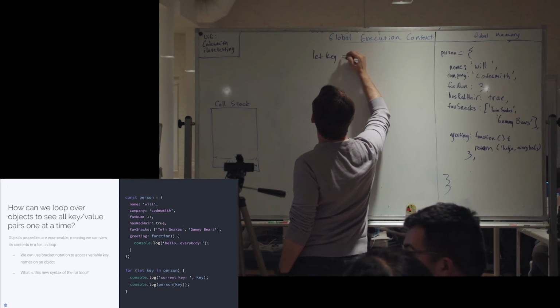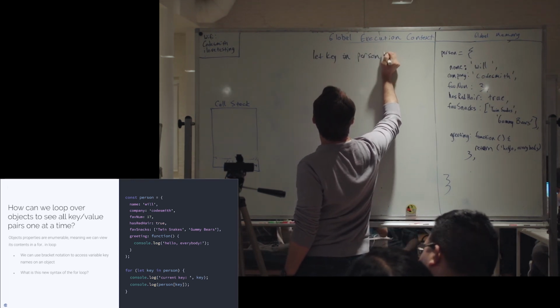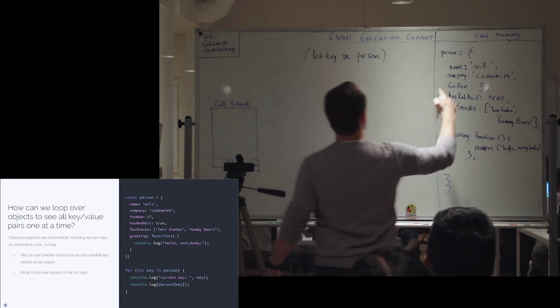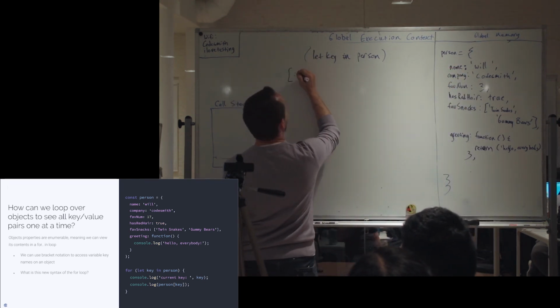Basically this creates an array for us of all the keys in that person.